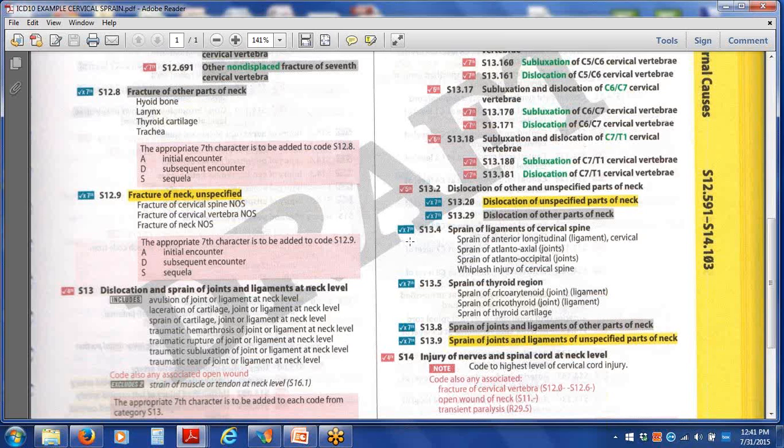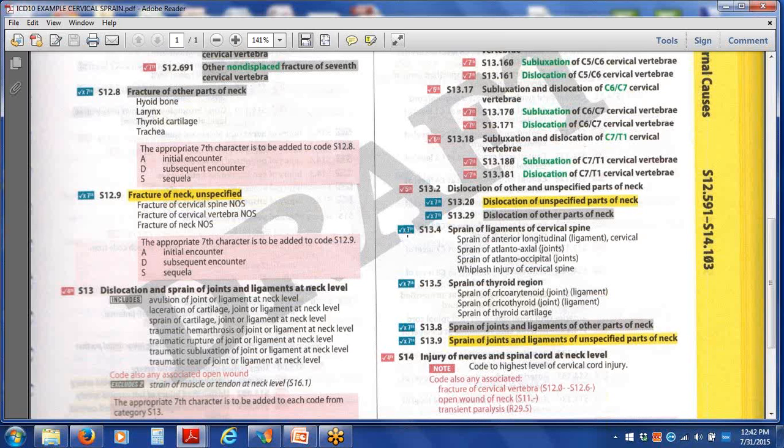My question to you is, if I have a diagnosis code that is 4-digit, how do I get it out to the 7th digit? And I do that by use of the placeholders. And we talked about this in our class last week, the X placeholder in the 5th and 6th digits.